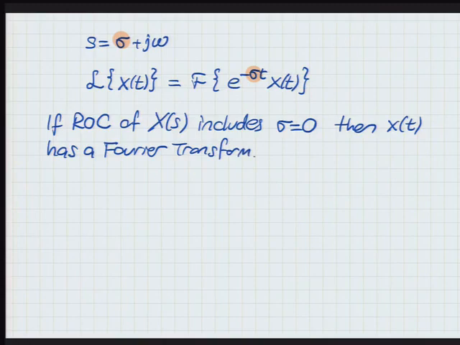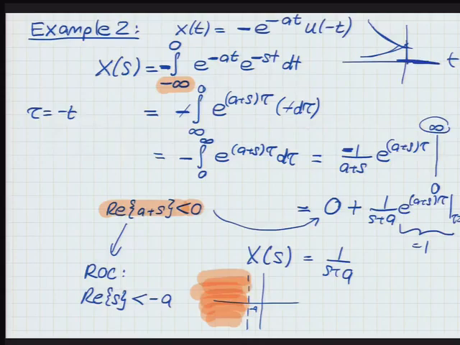Okay? So in terms of regions of convergence, that simply means you want to make sure that sigma equal to 0. Sigma is the real part, right? Real part equal to 0 means the line that's the imaginary axis, right? If the imaginary axis is part of the region of convergence of the Laplace transform, that means the Fourier transform exists. If I go back to these two examples then, in this case, if negative A is actually positive, meaning that A is negative, then the imaginary axis is inside the ROC.